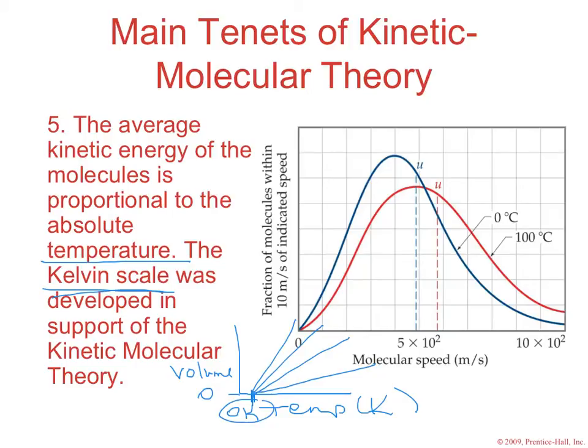That was where absolute temperature discovery came from. So not only did we discover absolute temperature from that experiment, we also came up with the Kelvin scale from that, because only when it's plotted versus Kelvin do we see a direct relationship between kinetic energy and temperature.